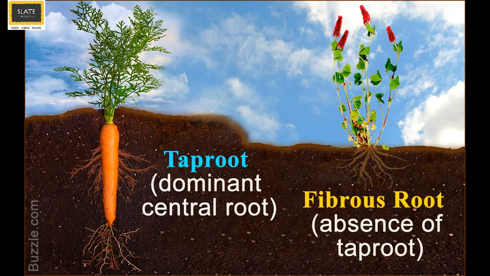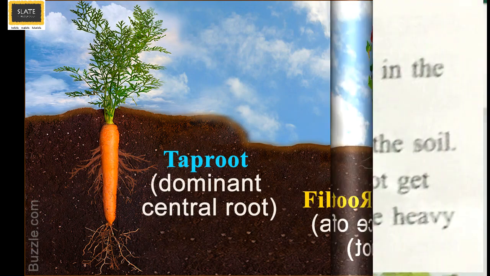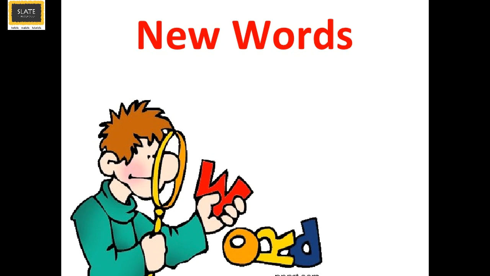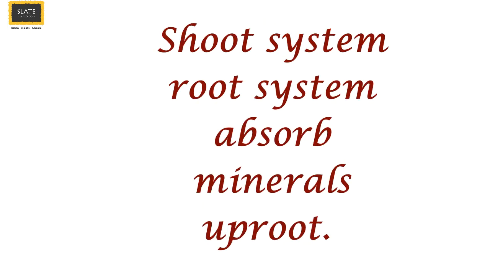We also learned that there are two types of roots, taproot and fibrous root. We also got to know about the importance of roots and its structure. We came across some new words like shoot system, root system, absorb, minerals and uproot.